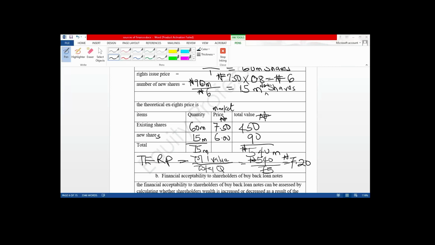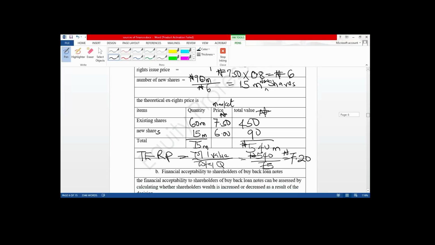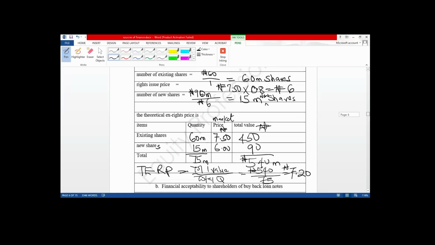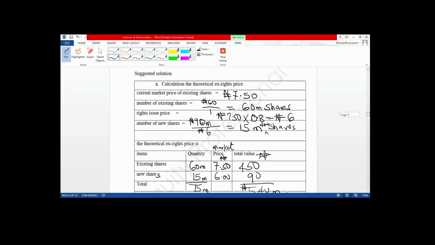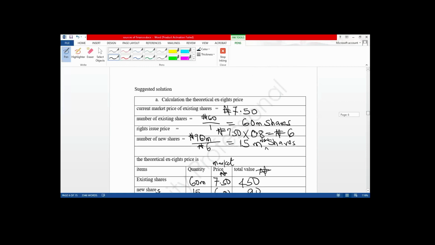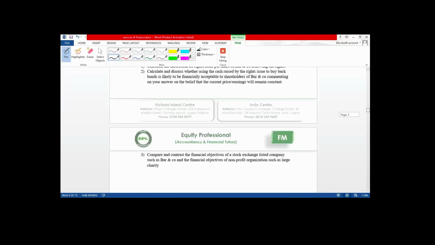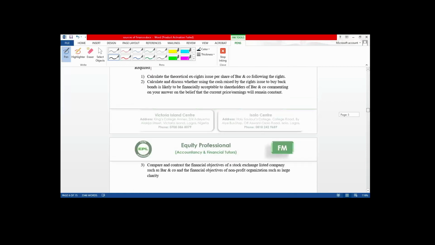Requirement B, or requirement 2. Calculate and discuss whether using the cash raised, let me take that again. That network is fluctuating.